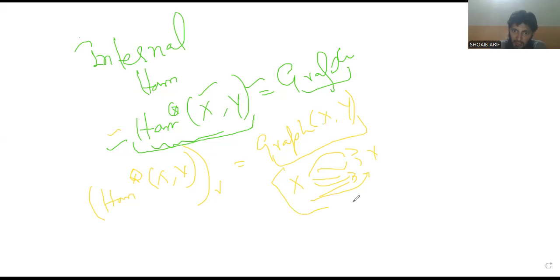This set is the vertex set of this graph. So the set of vertices of the Hom tensor (x, y) graph is the set of all graph homomorphisms from graph x to graph y. Now let's define the set of edges.